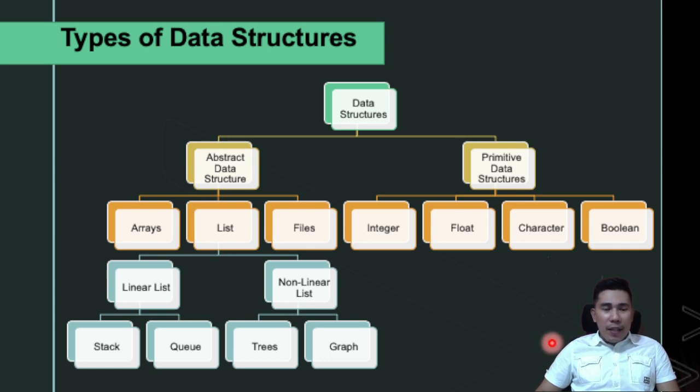So here are the types of data structures. Anything that can store data can be called a data structure. This could be integer, float, character, boolean, short, byte, especially in Java, and these are best known as primitive data types.